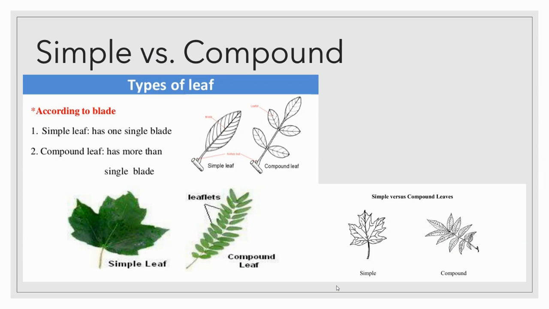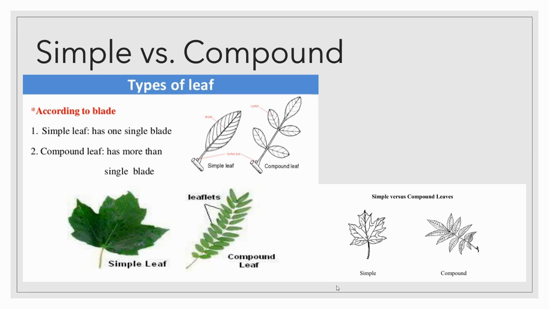The first one is simple versus compound. A simple leaf, like in the picture, has a single blade. There's just one blade coming off of the stem or the branch, and that's it. A compound leaf has multiple leaves, or more than one blade, coming off of the branch.